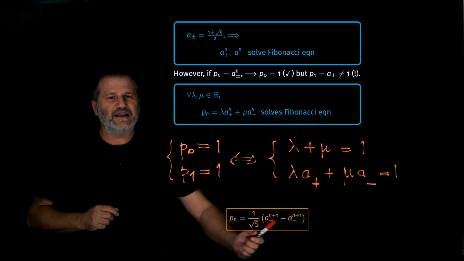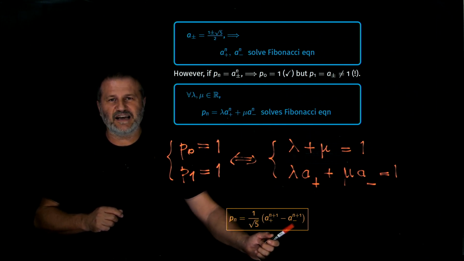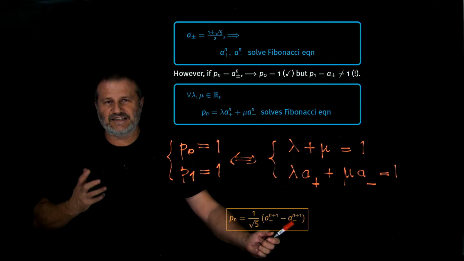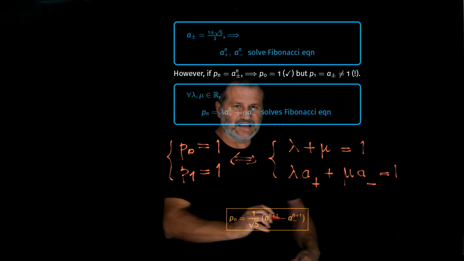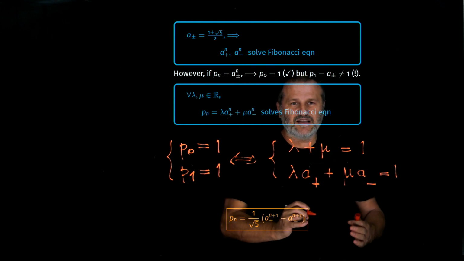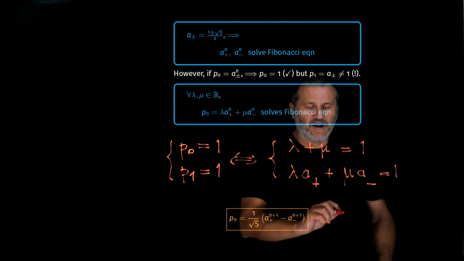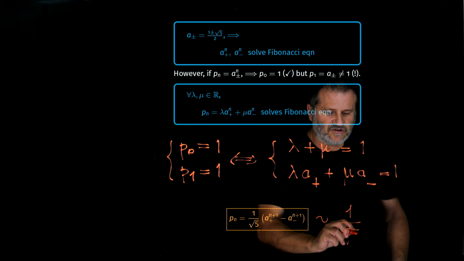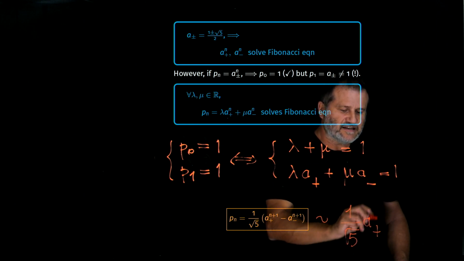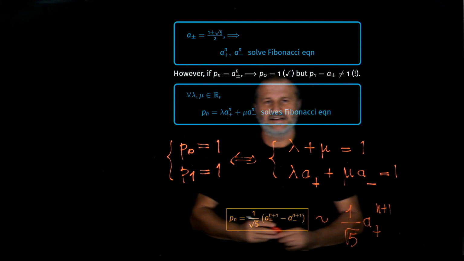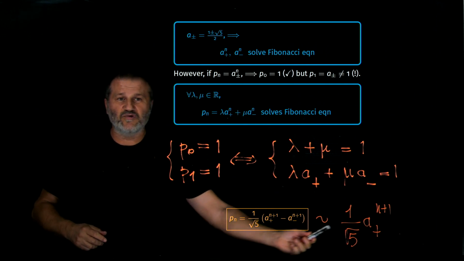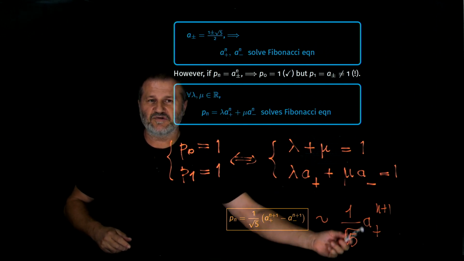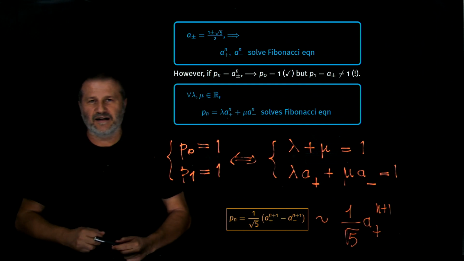So this means that when n is big, this second number becomes negligible with respect to the first part. So if we look at this quantity when n is big, it is approximately equal to 1 over root of 5 times a plus to the power n plus 1. So this means that practically Pn grows exponentially, and it grows exponentially like this exponential.